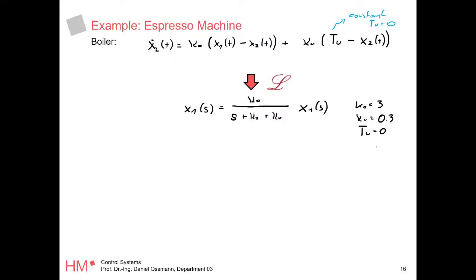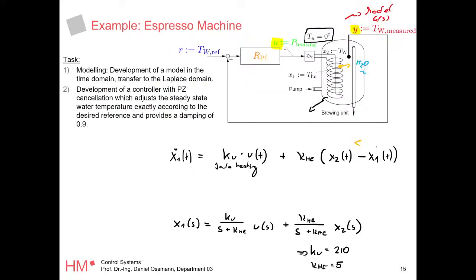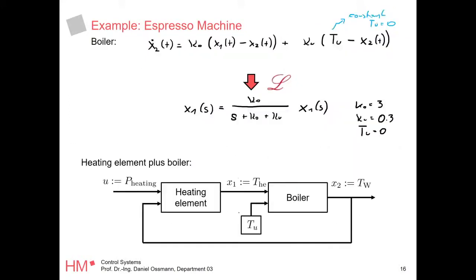Okay, so we have now modeled our heating element and our boiler, but obviously there's some kind of connection, right? Because the water temperature, which is the output of our boiler, goes back to the heating element. There's some interaction here.